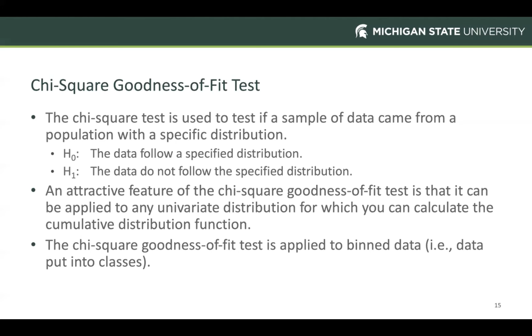And when we apply this test, we basically take our data and we develop a series of bins that correspond to the number of observations we would expect to fall within these specific bins based upon our prior knowledge and the characteristics of that distribution we're comparing against.